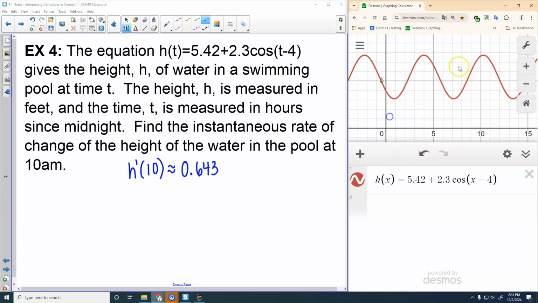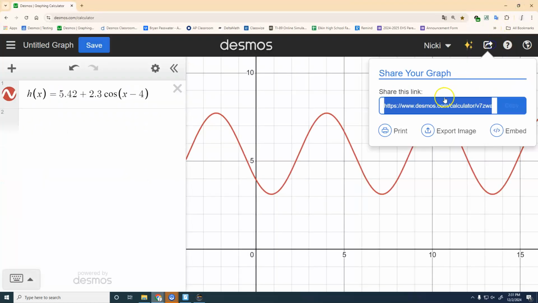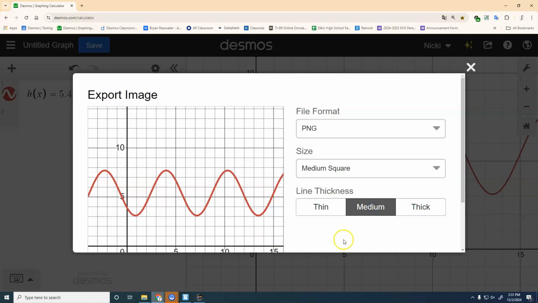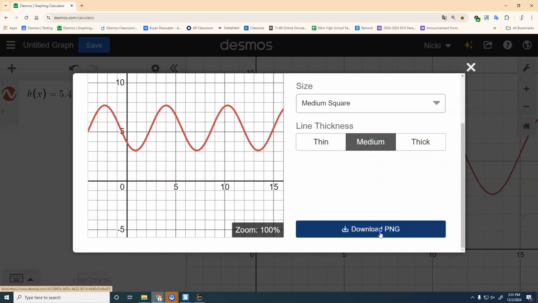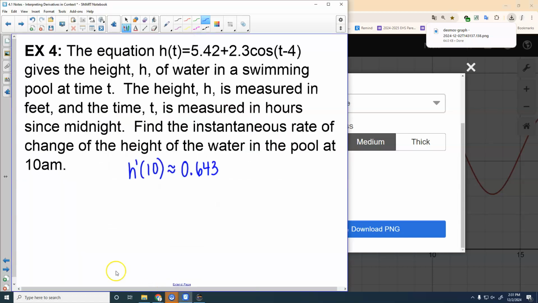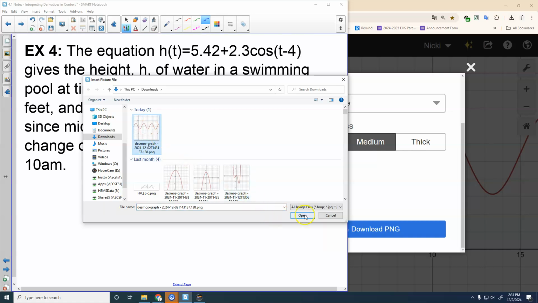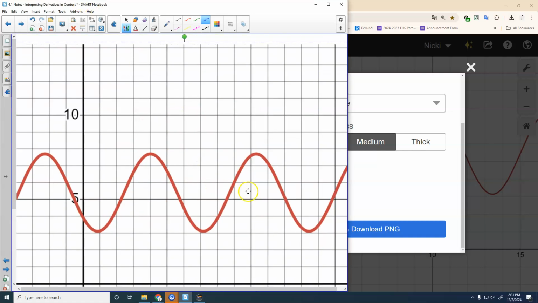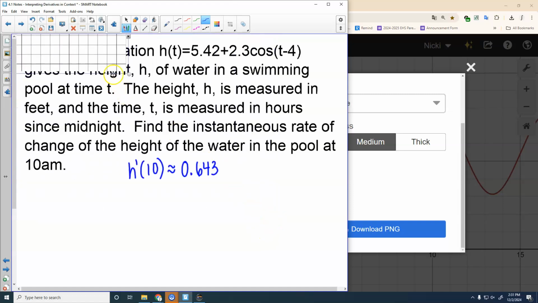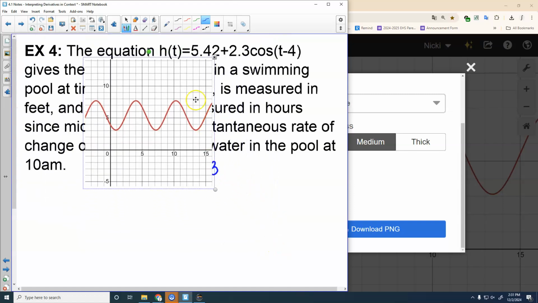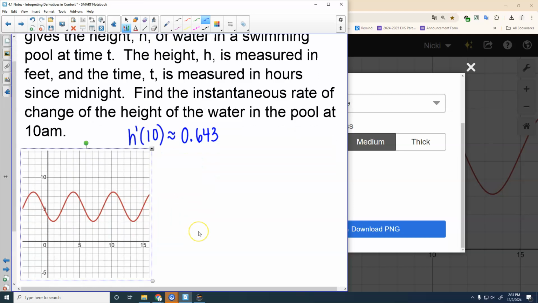Okay, so on this graph, we're thinking about this point right here. We've got this line. We know its slope is 0.643.